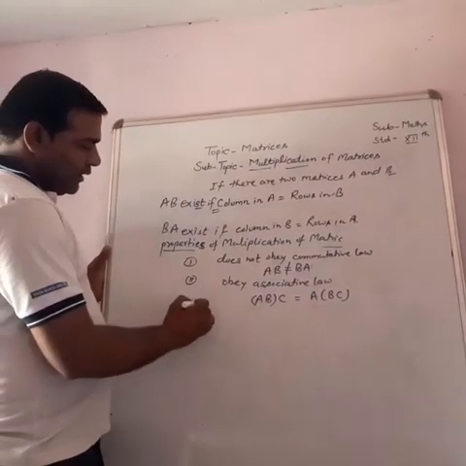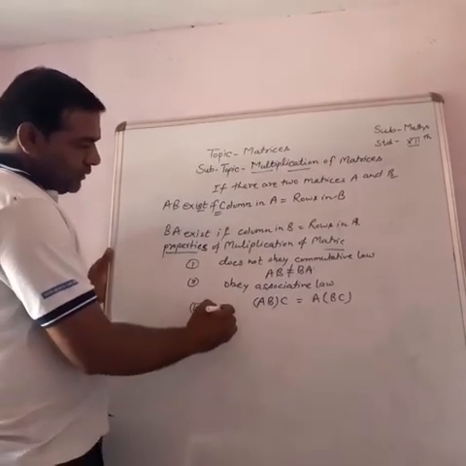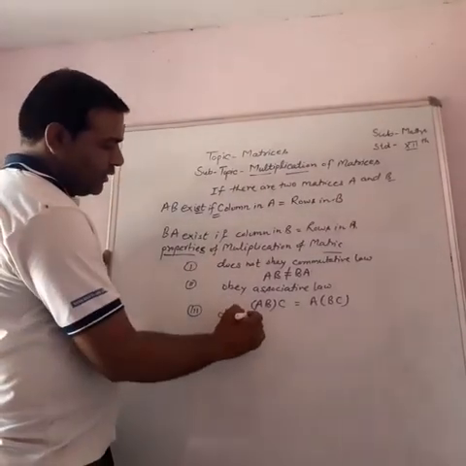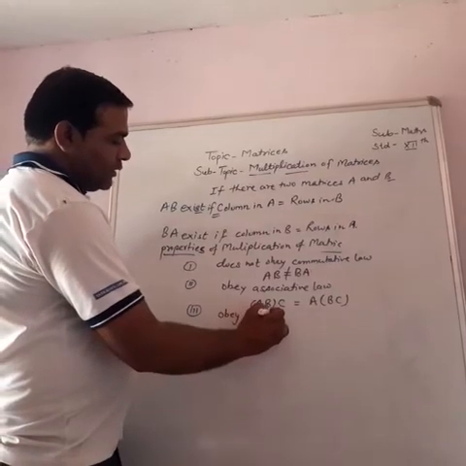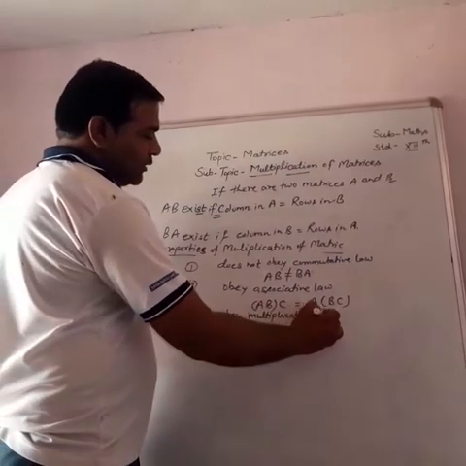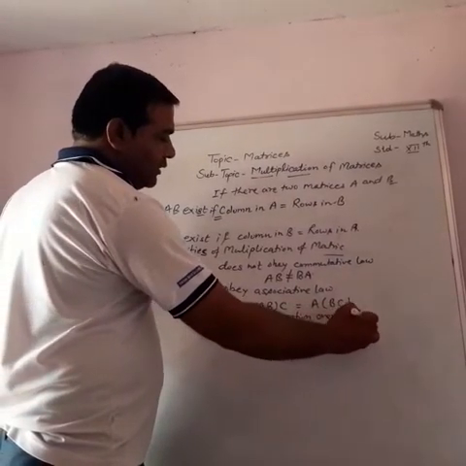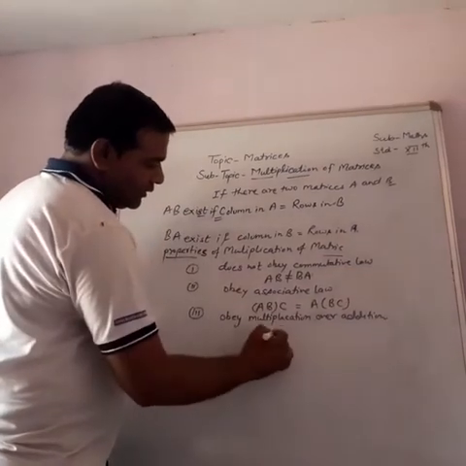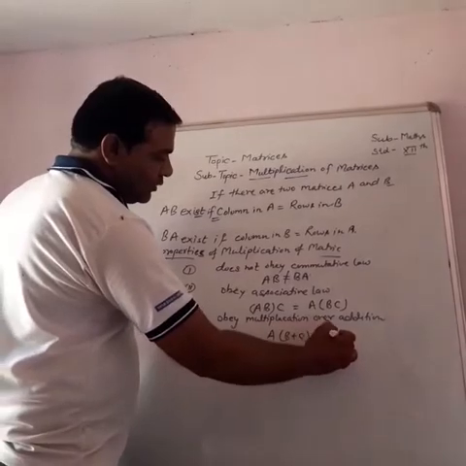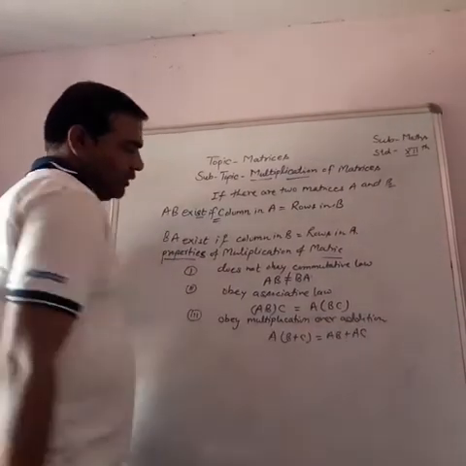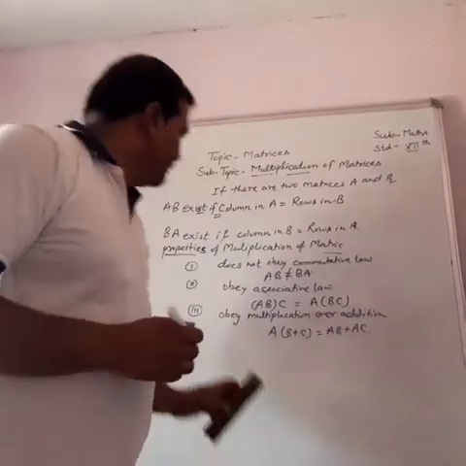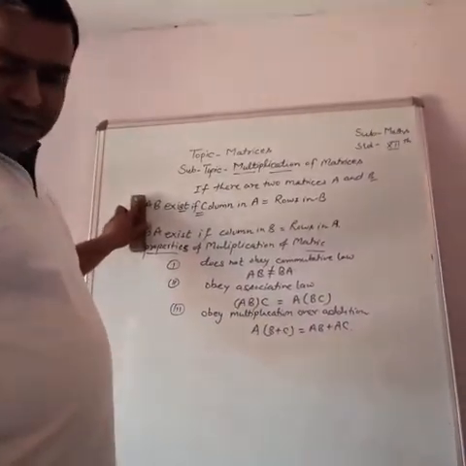And third important property, multiplication of matrices obeys distributive law, multiplication over addition. That is, A multiplied by (B plus C) is equal to AB plus AC. Okay. Now from these properties we can solve the exercise.